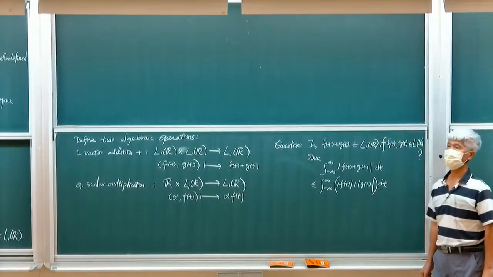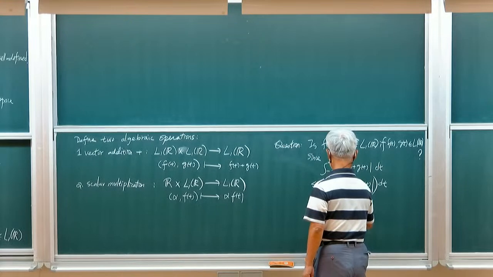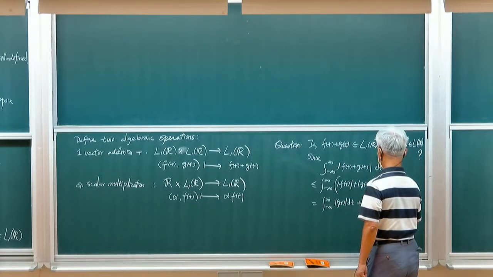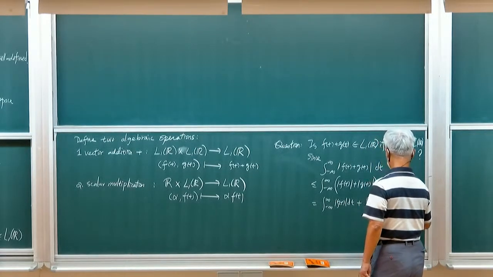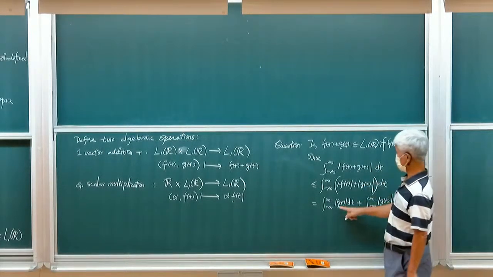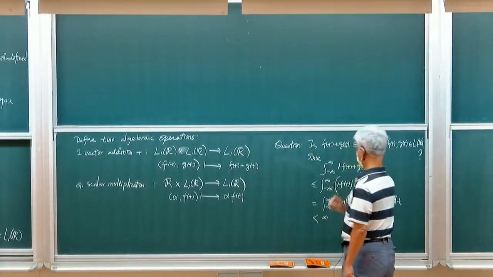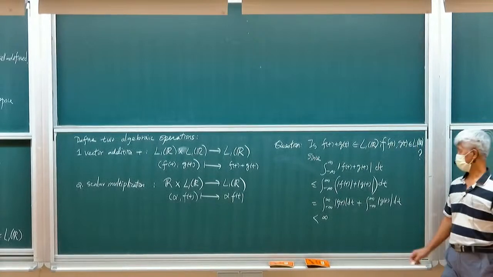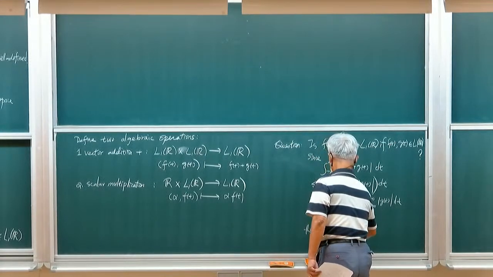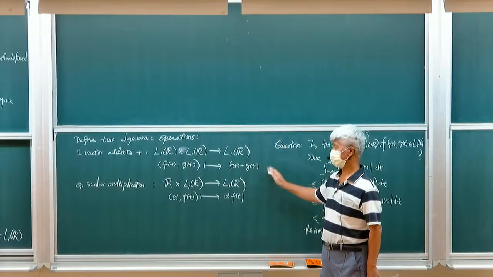And by linearity of the integral, you can have this here. Because f(t) and g(t) are in L1(R), by definition this is finite, and this is finite. So the sum of two finite numbers is finite too. So the answer is yes. So this is well defined.